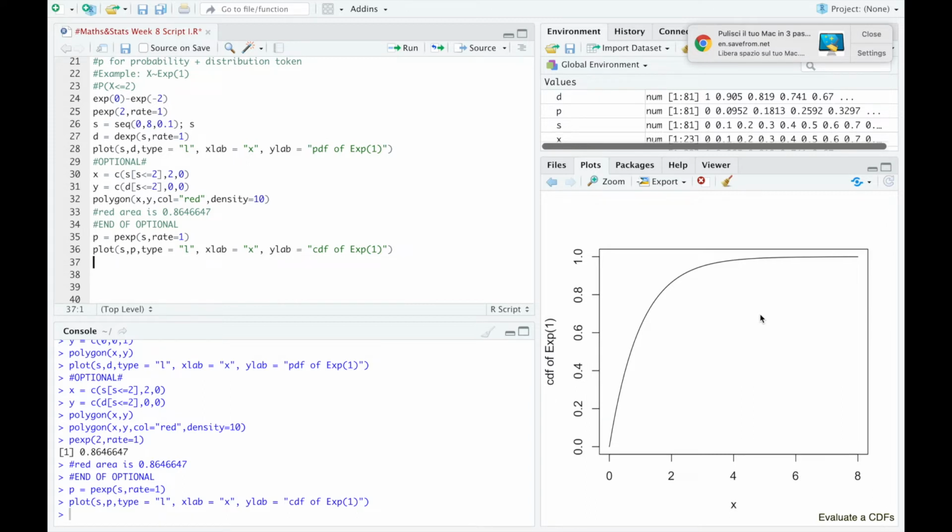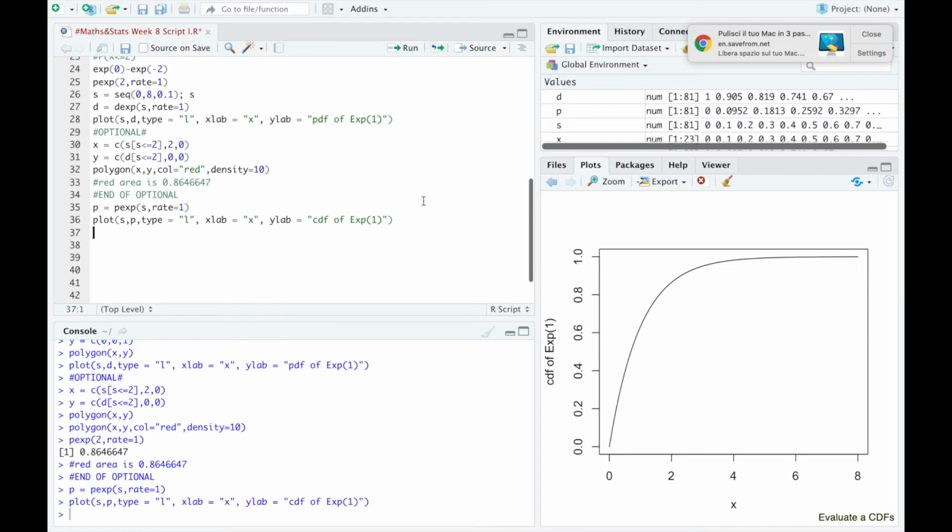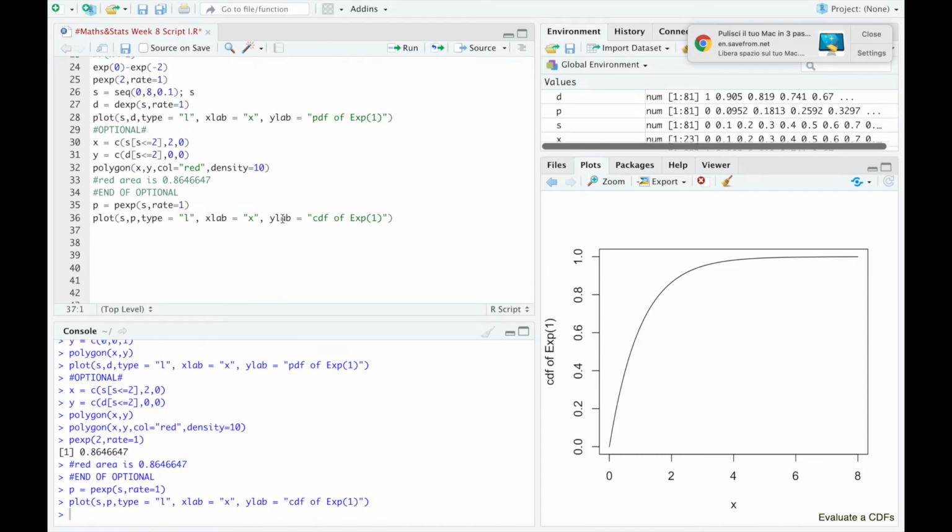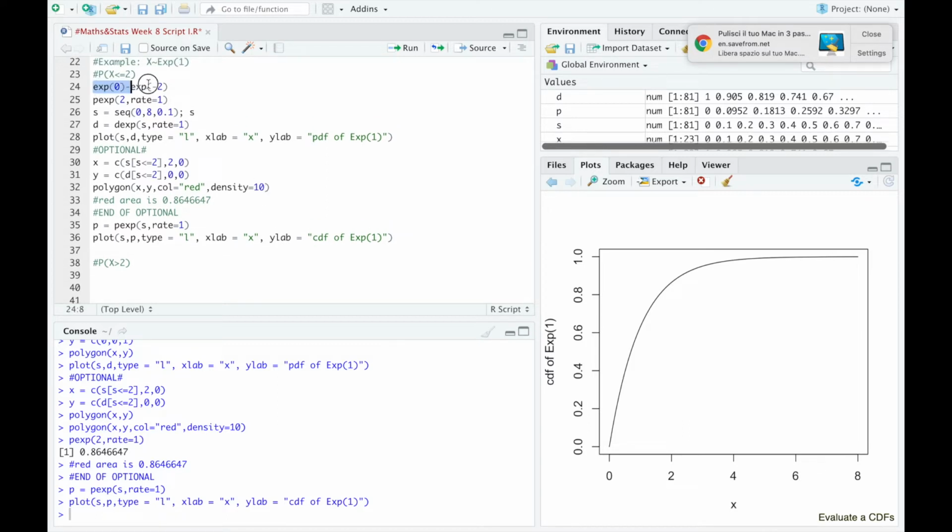Last thing I'll show you is, sometimes we might be interested in computing the probability for x to be greater than 2. Well, this is easy, right? This will be 1 minus the CDF of the exponential evaluated at 2.